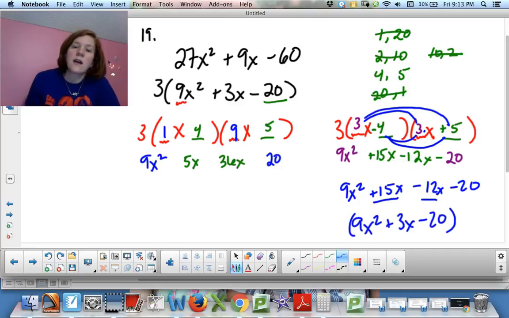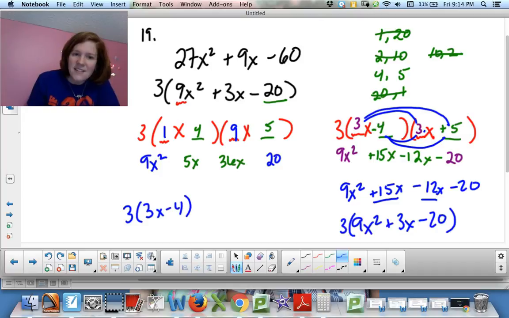I've also still got this 3 out front, and if I distribute that back in, 3 times 9x squared is 27x squared, 3 times 3x is 9x, and 3 times negative 20 is negative 60. So that means that my final answer is 3 times 3x minus 4 times 3x plus 5. Okay. I know that took a long time.